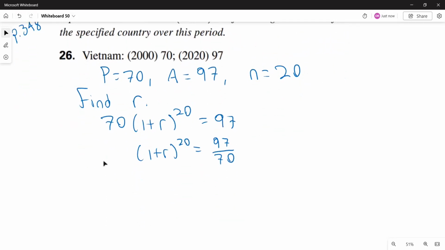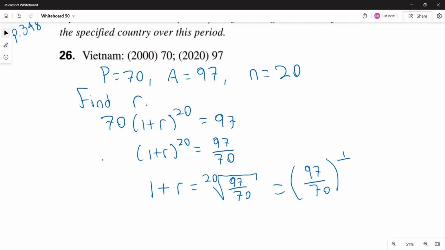If 1 plus R to the 20th power is 97 over 70, 1 plus R is the 20th root of 97 over 70. Now you're wondering, how can I find the 20th root? This is the same as 97 over 70 raised to the 1/20th power.